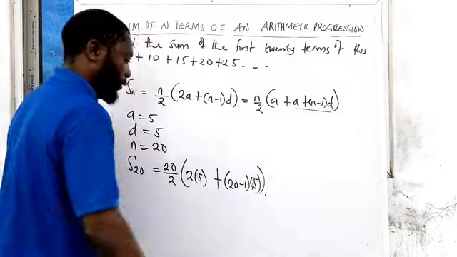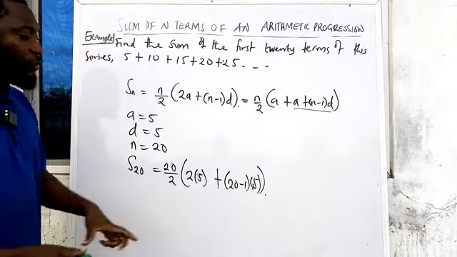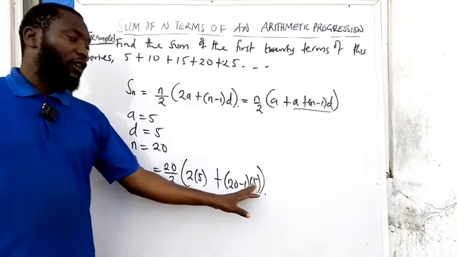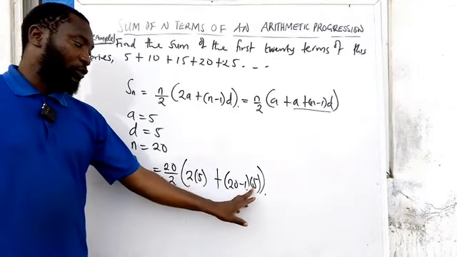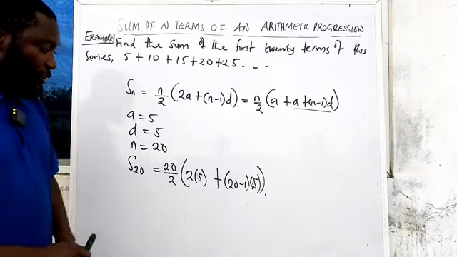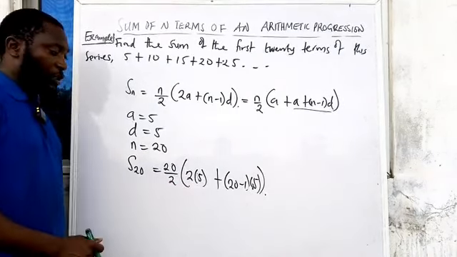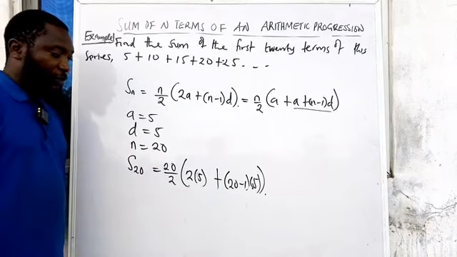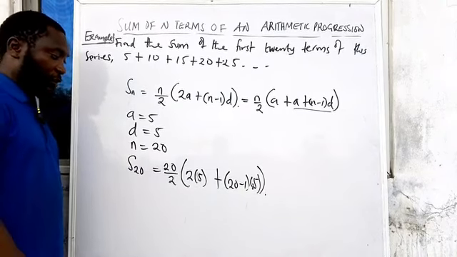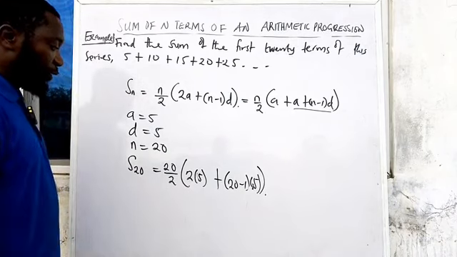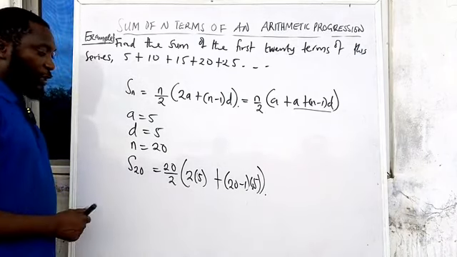then close the bracket. Now, to simplify this further, we have to apply the knowledge of BODMAS in order to not miss it. Because if we don't make use of the knowledge of BODMAS, we may still get it wrong. Now we have to simplify the bracket and divide where necessary.